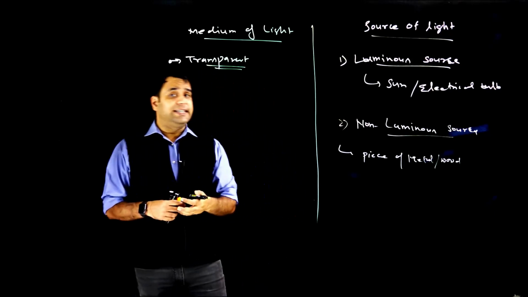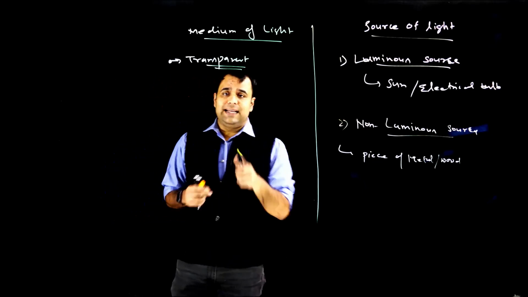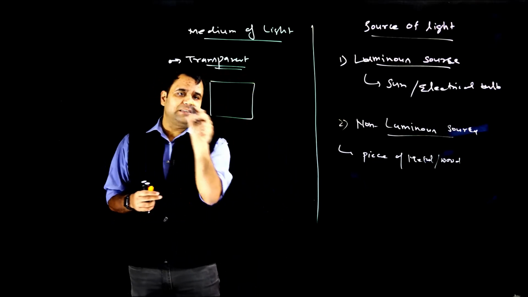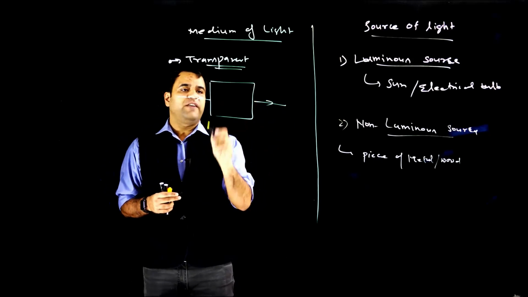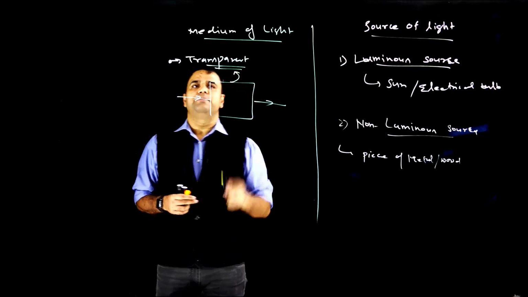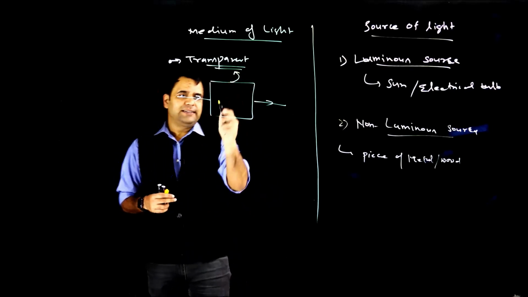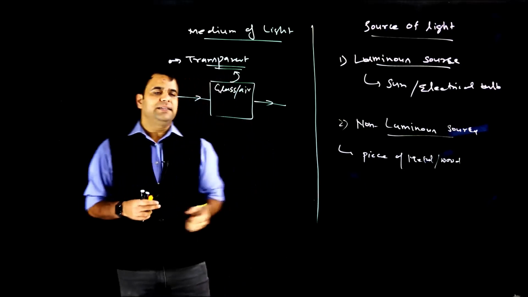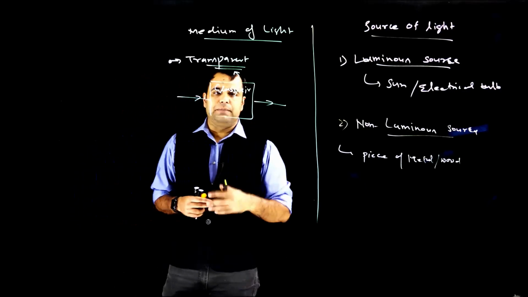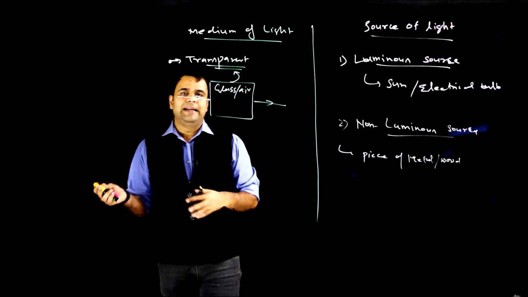Even glass is a transparent medium. The medium which directly transmits the light without absorbing any is known as transparent medium. So light enters that medium, exits the medium, and in the process, light doesn't get absorbed.